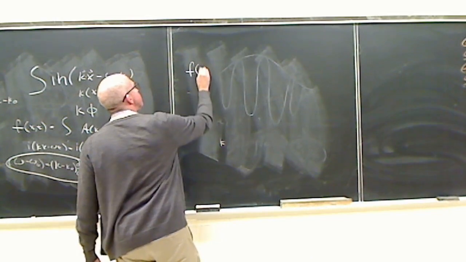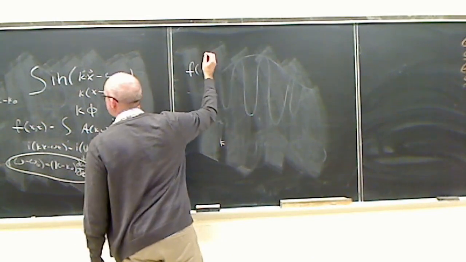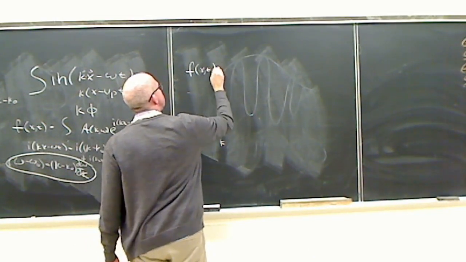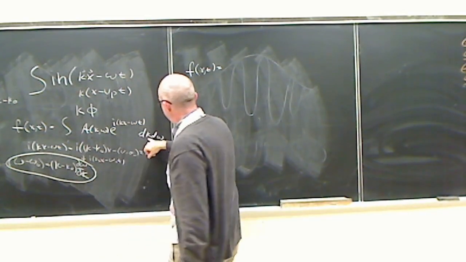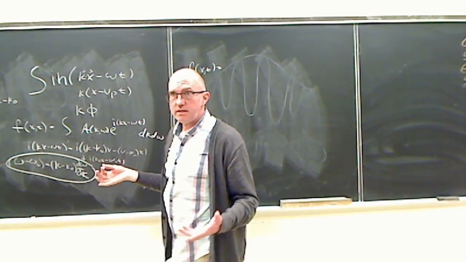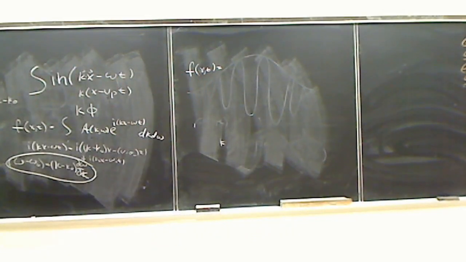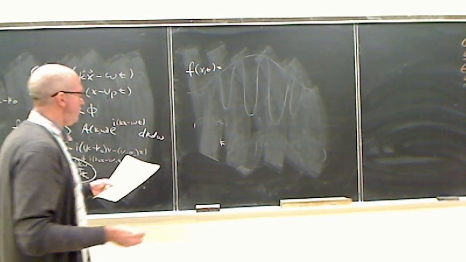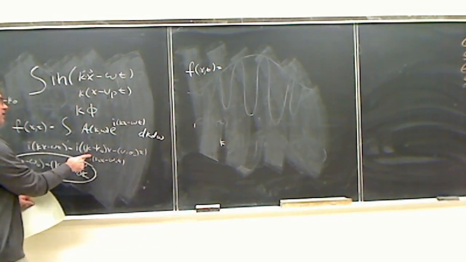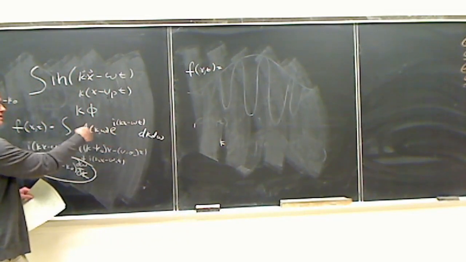And I'm left with f of x and t equal to, so k naught and omega naught are constant, so I can take them out of this integral. I'm just going to plug this in here, rearrange a little bit and take the constant stuff out.